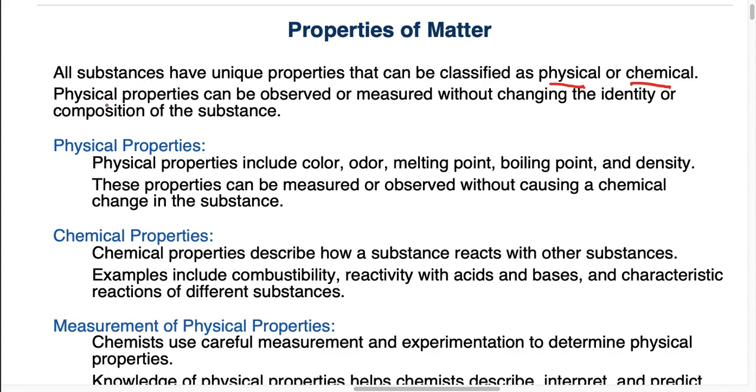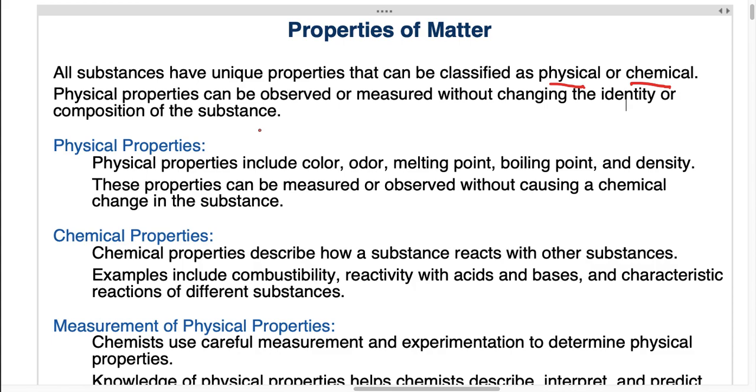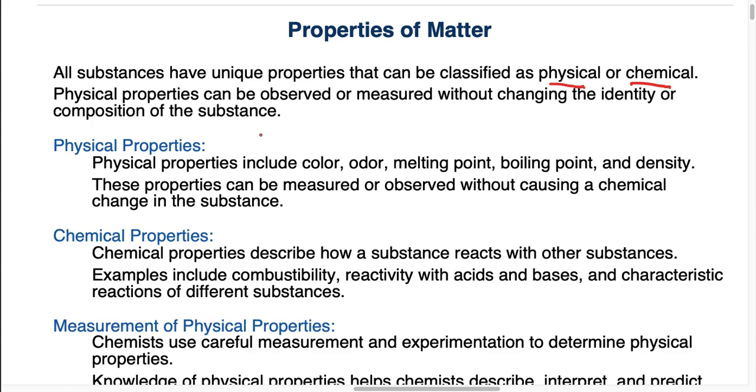The physical properties can be observed or measured without changing the identity or composition of the substances. We already know that physical properties can be measured easily without changing the identity of substances.